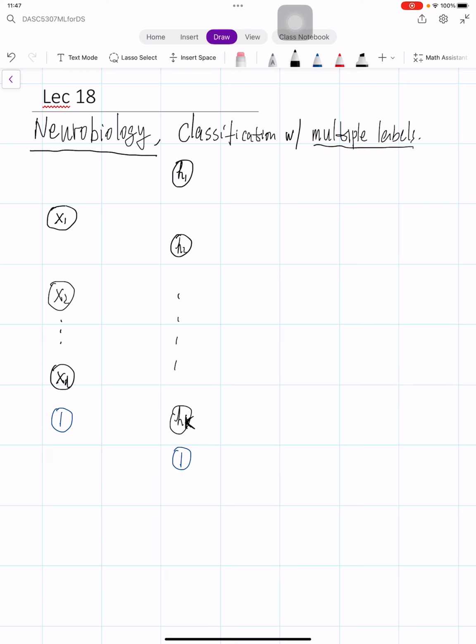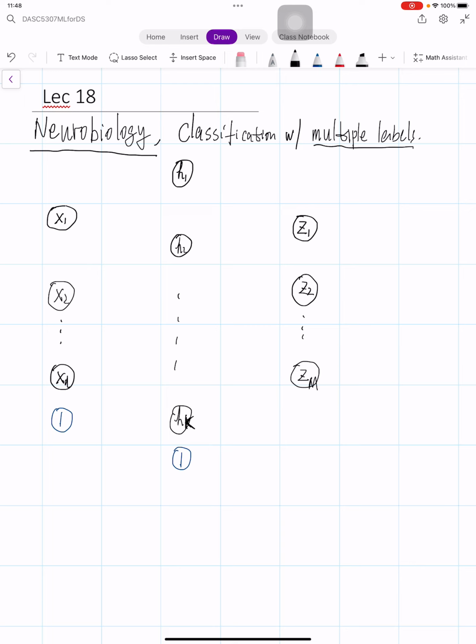Multiple labels means you need to produce the probability of the first class, the probability of the second class, and so on, up to the label M.